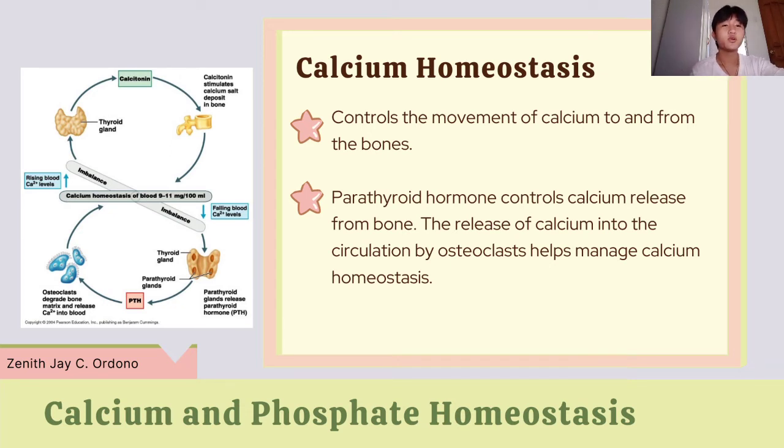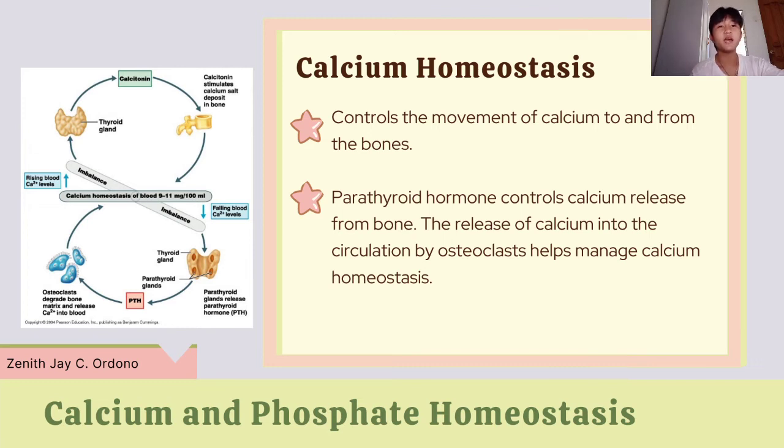Calcium homeostasis controls the movement of calcium to and from the bones, and parathyroid hormone controls calcium release from bone. The release of calcium into the circulation by osteoclasts helps manage calcium homeostasis.